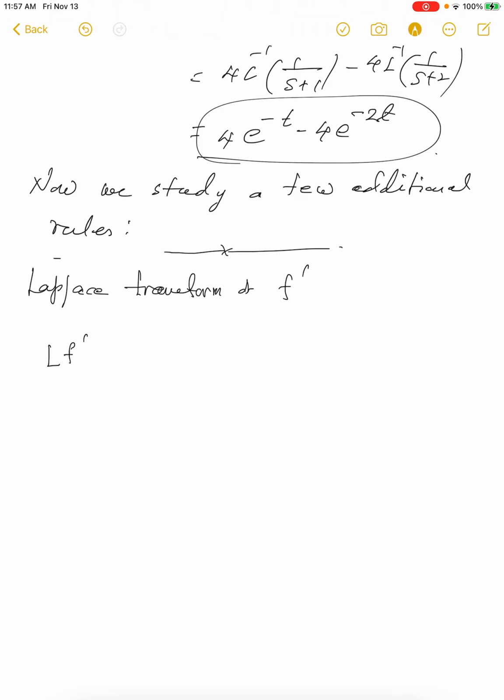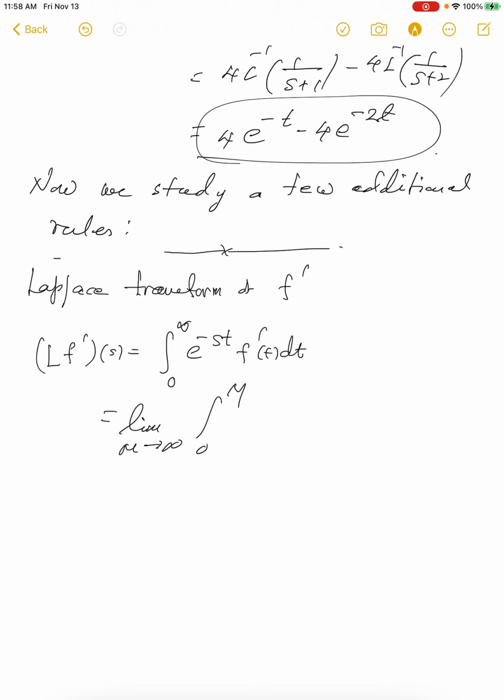If I look at L of f prime at s, this is going to be the integral from 0 to infinity of e to the minus st f prime t dt, which is the limit as m tends to infinity of the integral from 0 to m of e to the minus st f prime t dt.